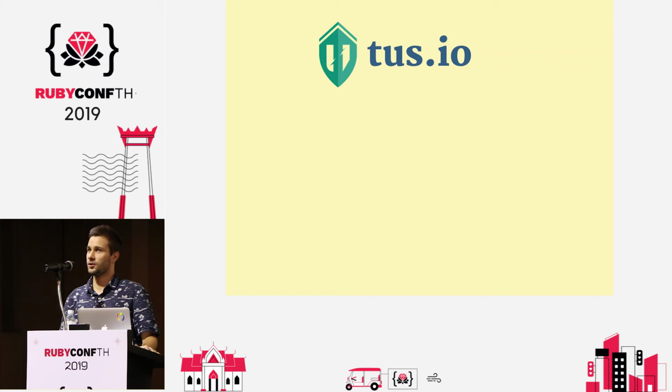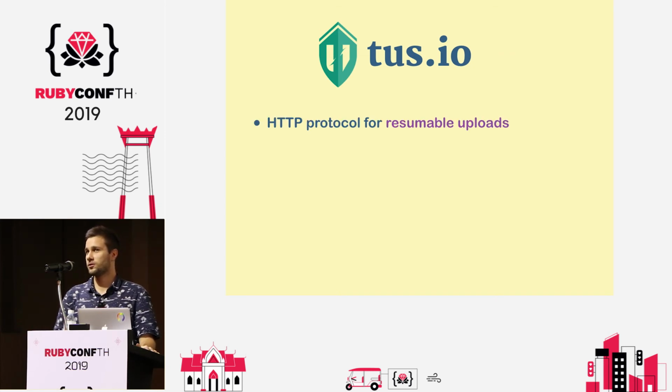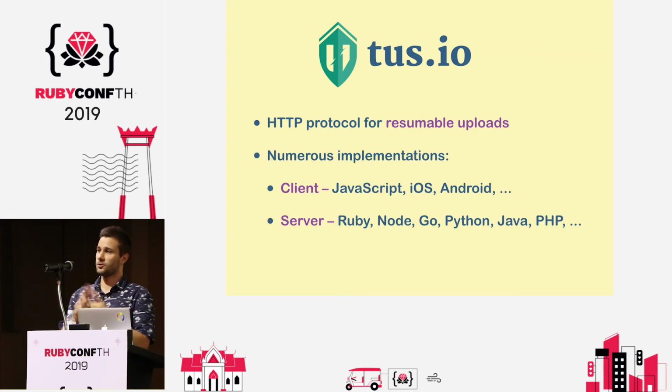So an alternative is to use something more generic, which is a protocol called tus.io or tus. This is a protocol built on top of HTTP, which means that it's a specification about what headers and URLs clients need to send to each other in order to achieve resumable uploads. And because this is a generic protocol built on top of HTTP, it has numerous implementations in various languages.